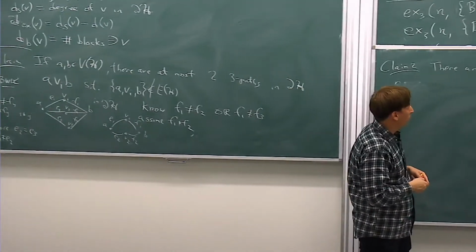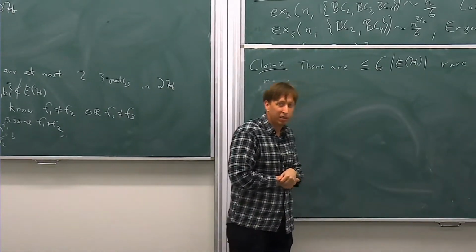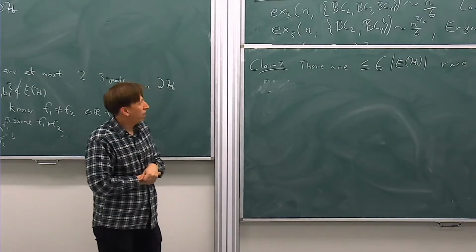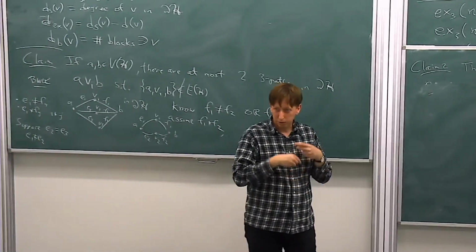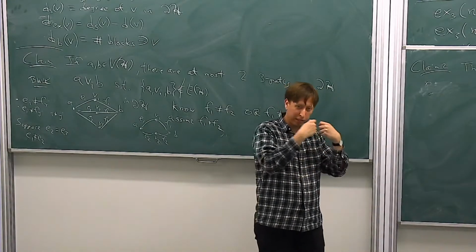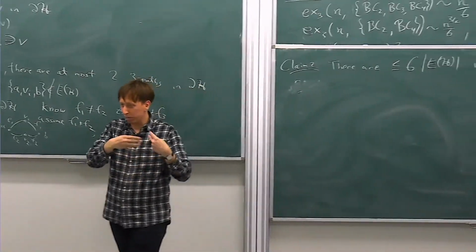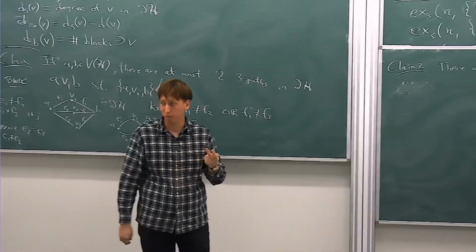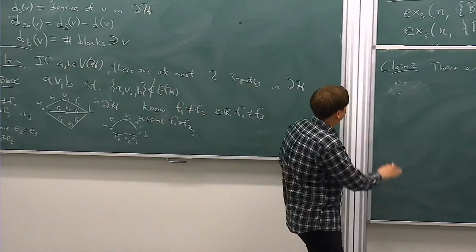Yeah. So in a sense, the idea is to represent all of the rare 4 cycles by using the edges of the hypergraph. We take an edge of the hypergraph, and it can only be contained in some bounded number of rare 4 cycles. That's the idea.